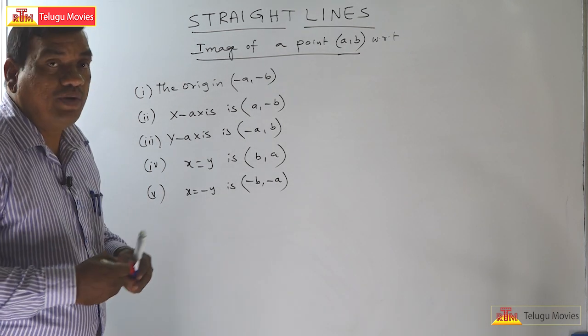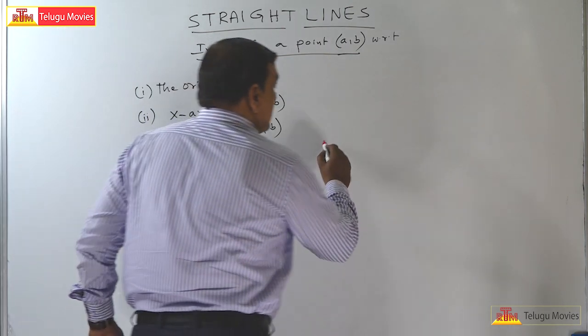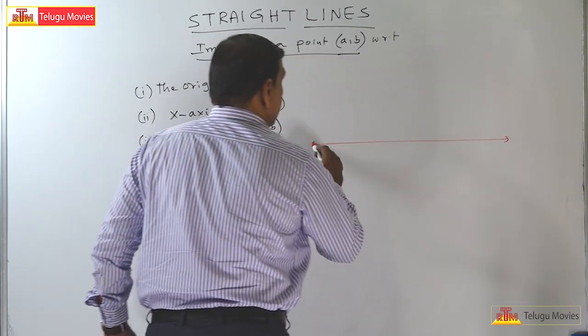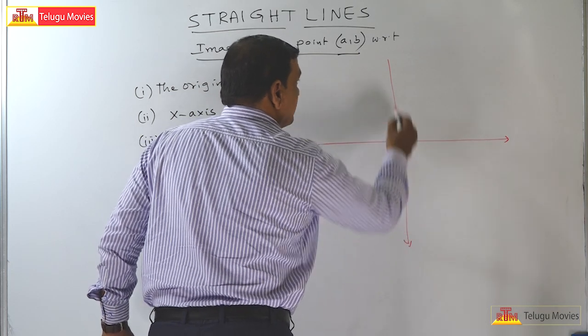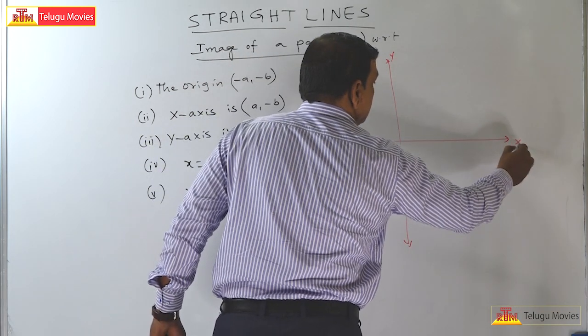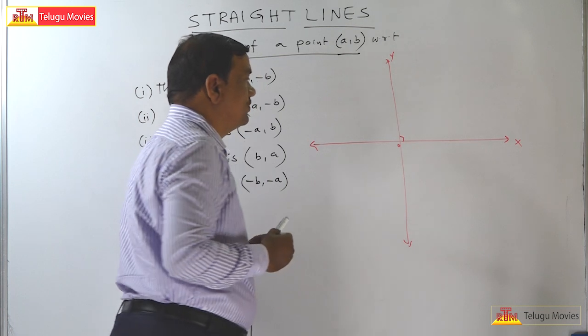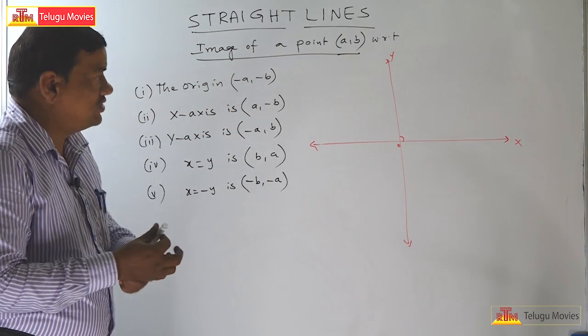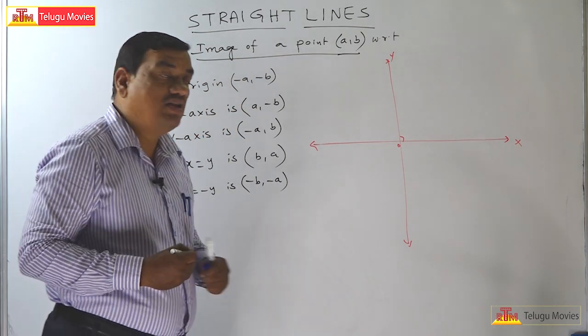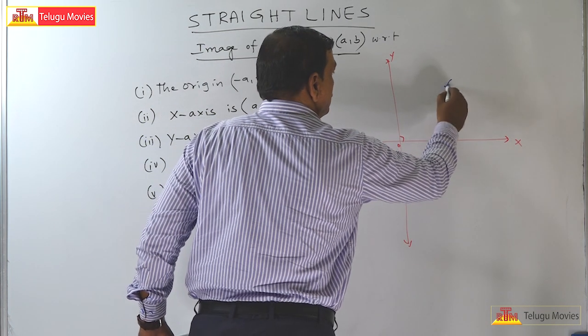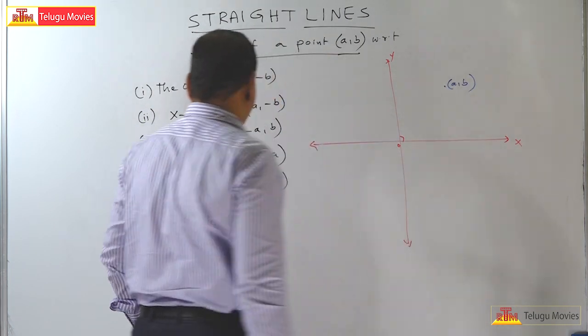So first of all, to make you understand clearly, let us take a two-dimensional system, x-axis and y-axis. This is the y-axis, the x-axis, this is the origin. Now first of all, a comma b will be in your first quadrant. So this is a comma b.